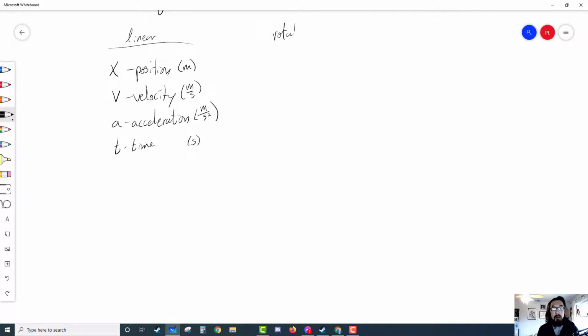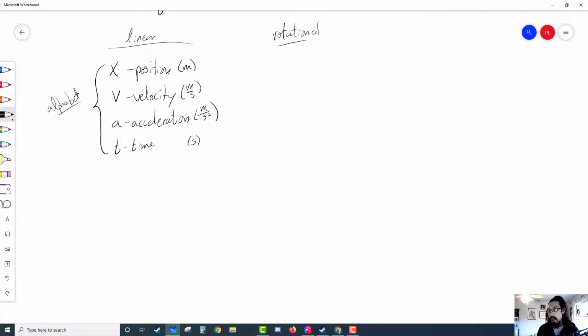All right, now the hardest part of rotational kinematics, in my personal opinion, is getting used to the variables. Because up until here we used the alphabet that we know, the Roman version of the alphabet. But now we are going to be using the Greek variables.